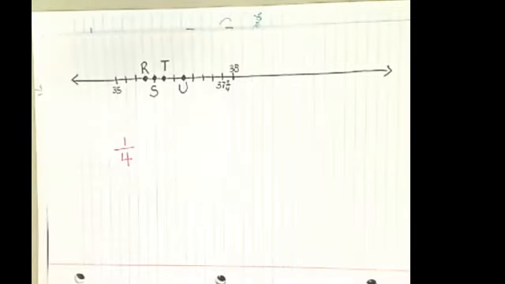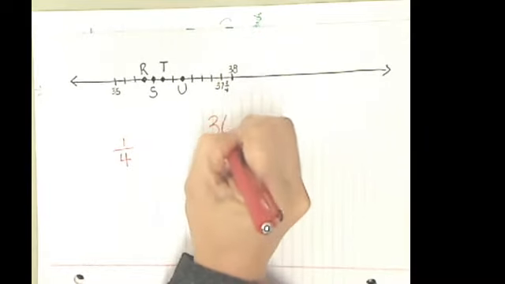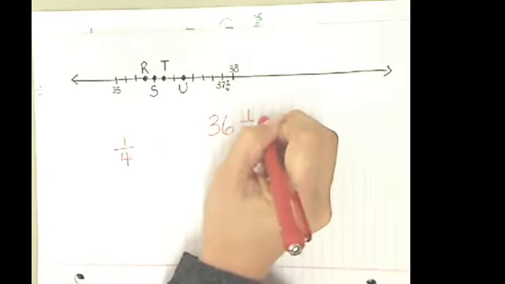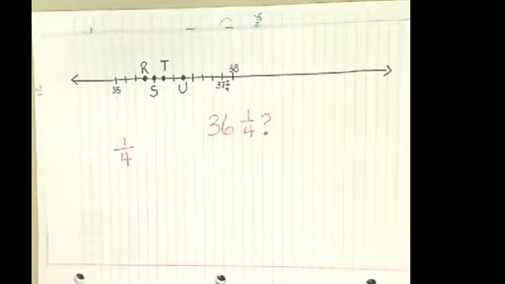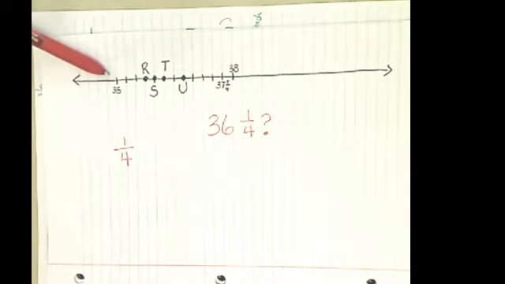So the question is asking you to figure out which of these points is 36 and 1/4. Which of those points represents 36 and 1/4? So here I've got 35. How many fourths do I need to add to 35 to get to the next whole number, which is 36?